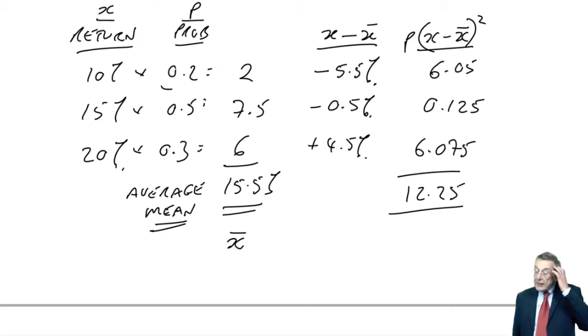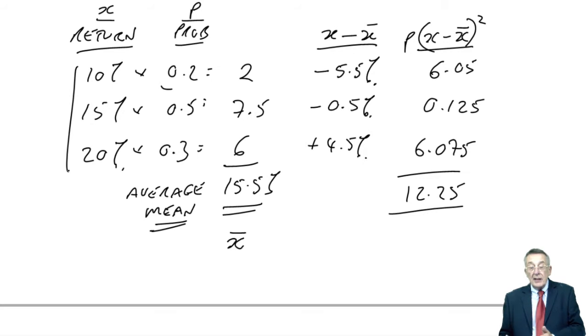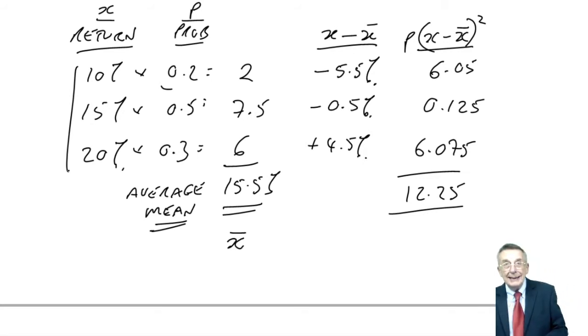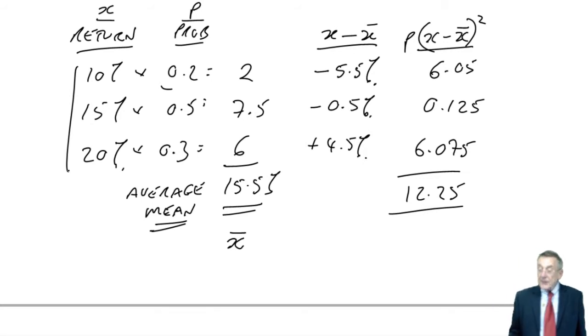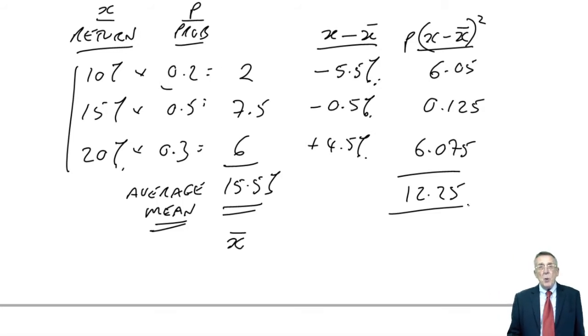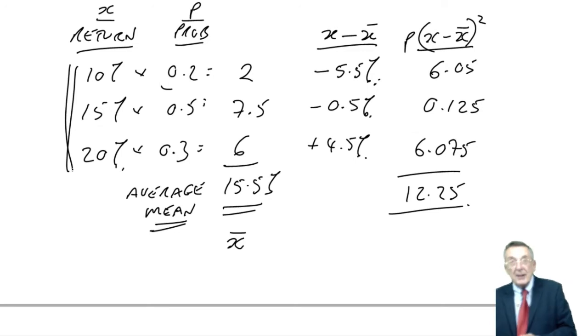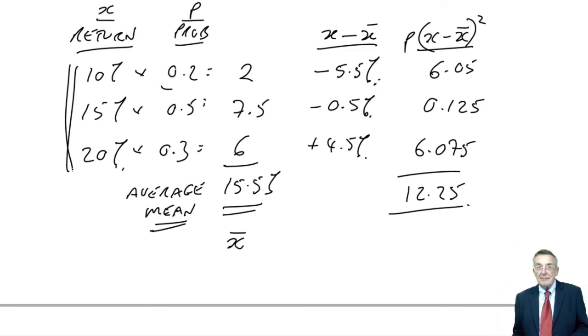Now that 12.25 itself is a measure of spread, because the bigger they differ from the 15.5, the bigger that figure would be. The only problem is, those differences here were in percents. We've squared them and taken the average, so these are like 12.25 squared percents. That doesn't really mean anything. It doesn't matter what units they are; if these had been dollars, the differences would have been in dollars, but because we then squared them, you'd have got squared dollars.